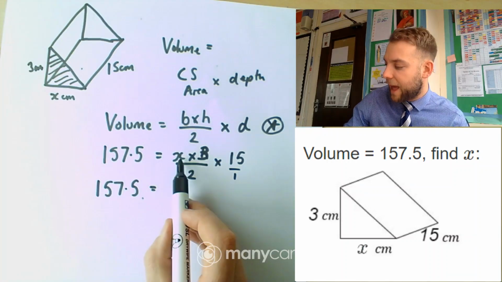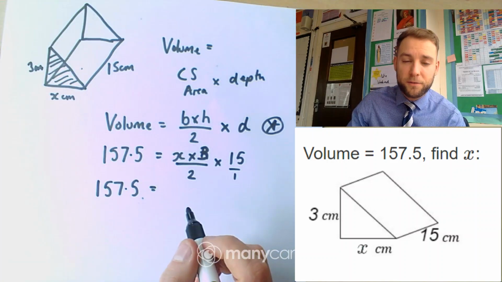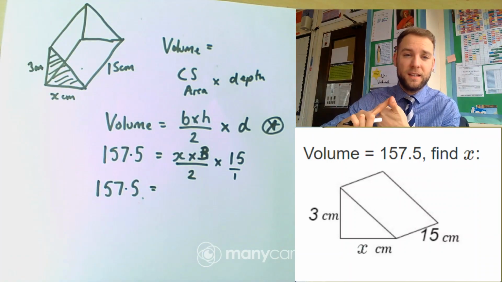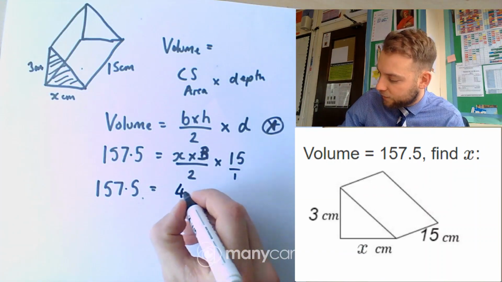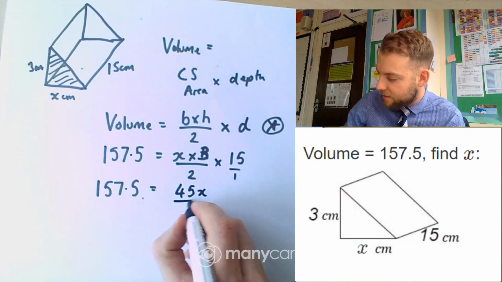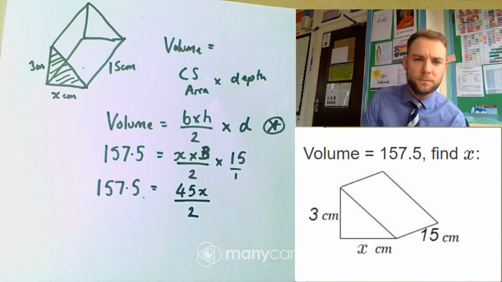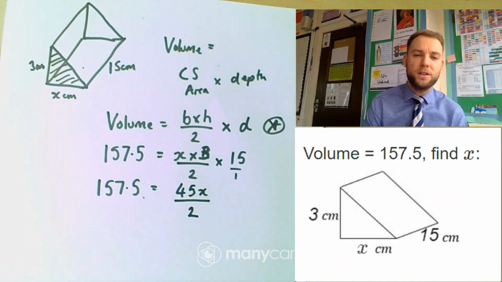So it's going to be x times 3 times 15. Well, 15 times by 3 is equal to 15, 30, 45. So that's 45x. And then divided by 2 there. So there I've got my equation.